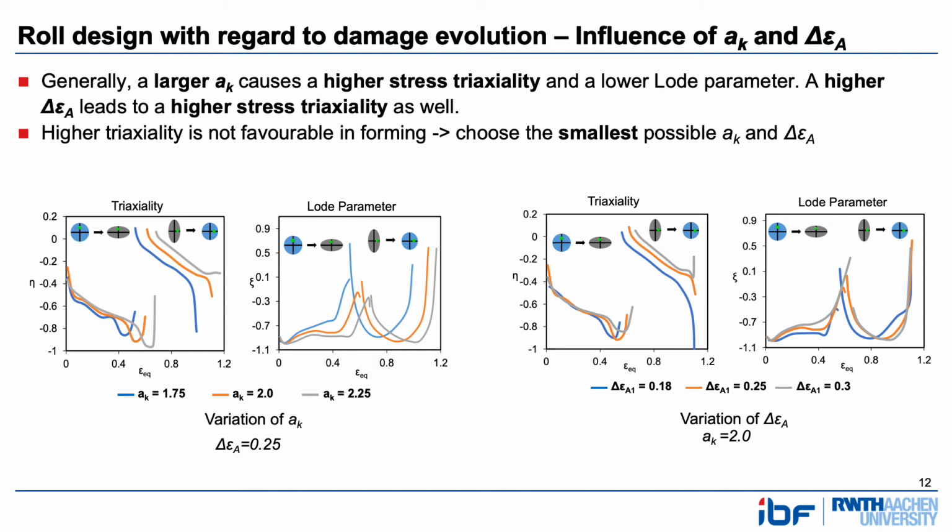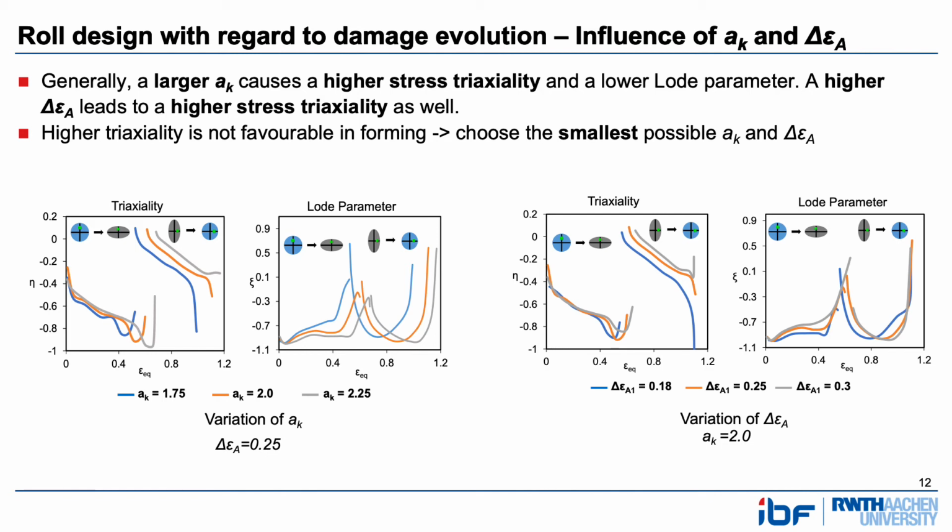Generally, we can say a larger aspect ratio causes a higher stress triaxiality and a lower load parameter. A higher area reduction leads to a higher stress triaxiality as well. Despite the difference of values, the curves of triaxiality and load parameter have a similar tendency with respect to different aspect ratios and area reductions. According to several studies, a high stress triaxiality is not favorable in forming because it is beneficial to void initiation, void growth, and even the occurrence of damage.